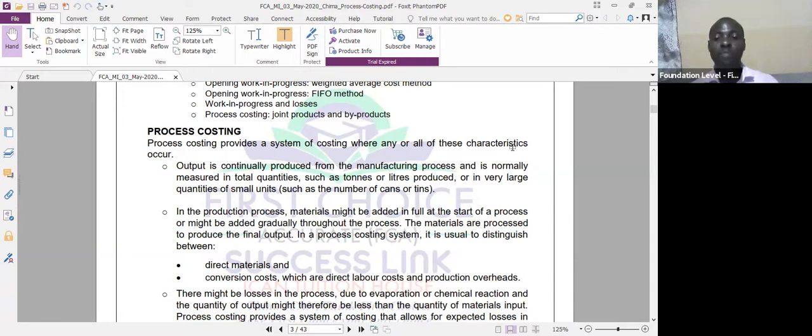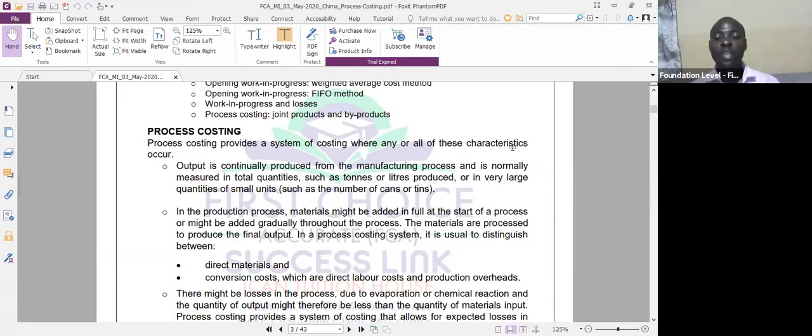That is, in process one, all the materials would have been 100% complete. But if it is not 100% complete, at least it would have been like 90% complete. So as you go gradually in the process, you are adding materials. But most times, it is 100% complete. The materials are processed to produce the final output.